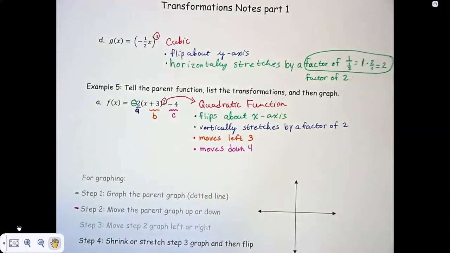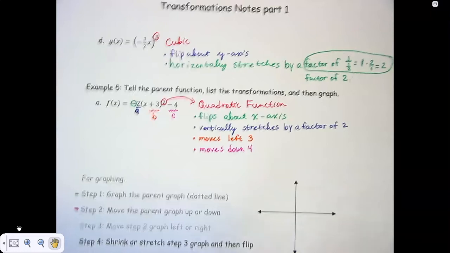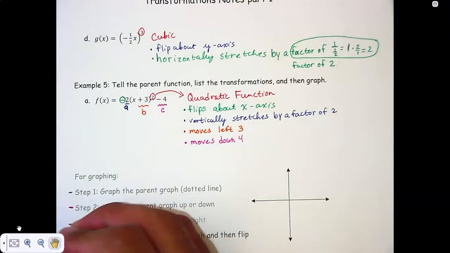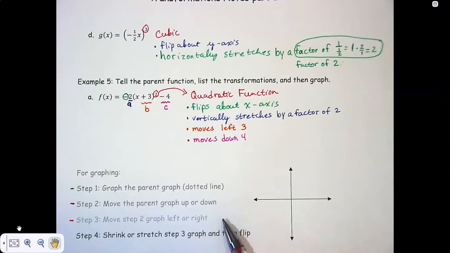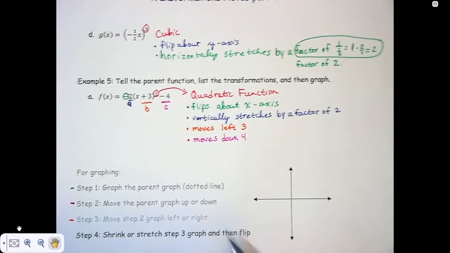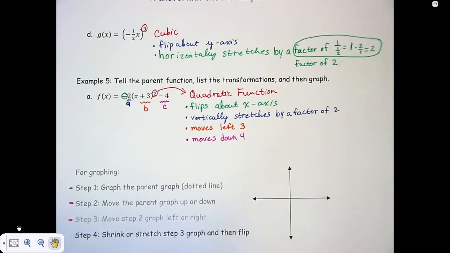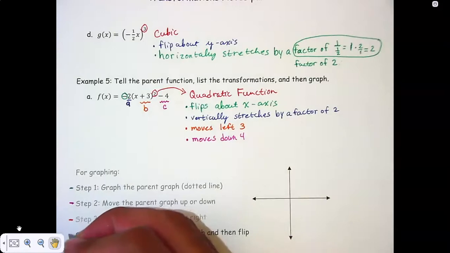Step 3 is going left to right. If you remember, we've done step 1, step 2, and step 3 already when we did example 3. So today all we're doing is adding one extra step, step 4, which is doing a shrink and expand type thing, and flip. I'm going to make that blue.